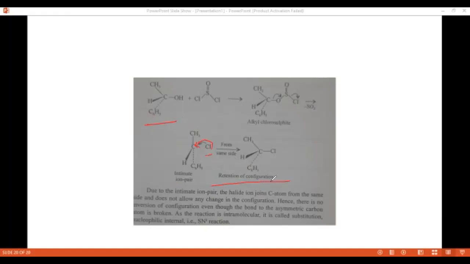There is retention of configuration, with no inversion, even though the bond to the asymmetric carbon atom is broken. The reaction is intramolecular, called substitution nucleophilic internal, that means the SNi reaction.